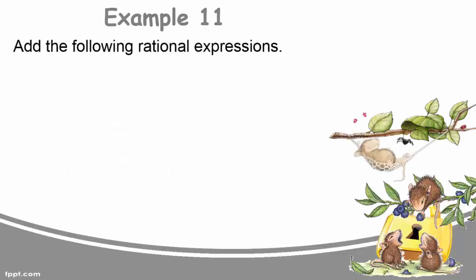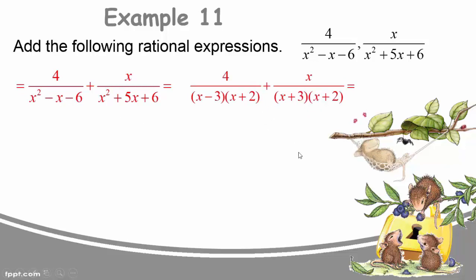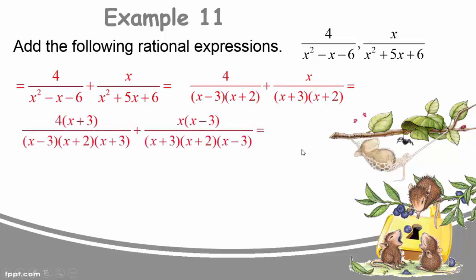Back to the PowerPoint, we added up these two rational expressions, just like I did on the whiteboard. I factored these out, and I used that to find the lowest common denominator, which is x minus 3, x plus 2, x plus 3, and then I proceeded to look for the ones that were missing from the original. So here we have x minus 3, x plus 2, but it's missing x plus 3, so I must multiply the 4 by x plus 3.